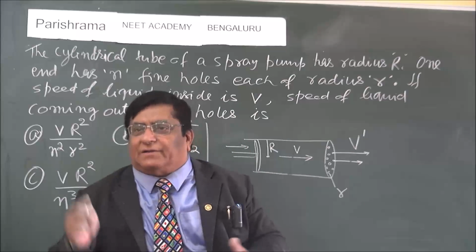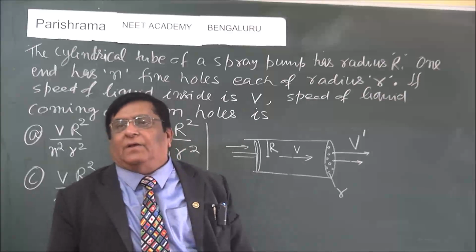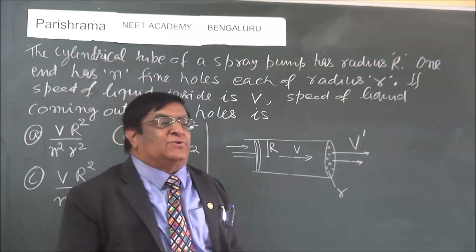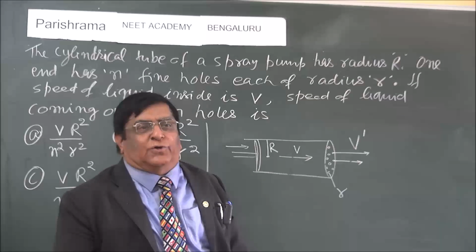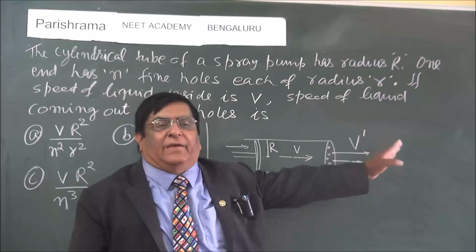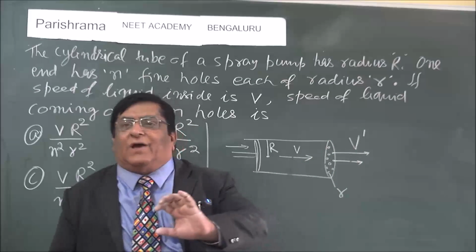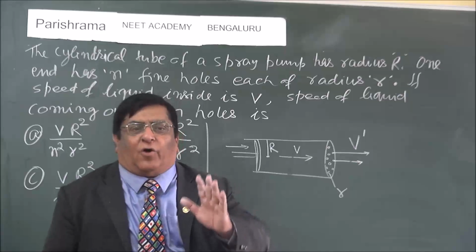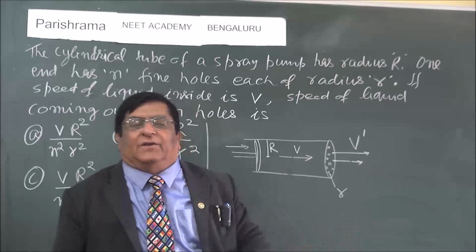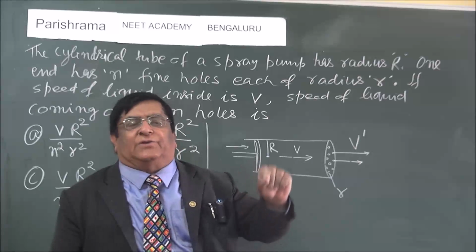Very clear. Whatever volume is going out, the same volume is coming out. So, we must know the formula for the volume which is going out and which is coming in. That formula should be related to V. And this you have already derived. You have already reached a result. Yes, that is A1 V1 is equal to A2 V2.